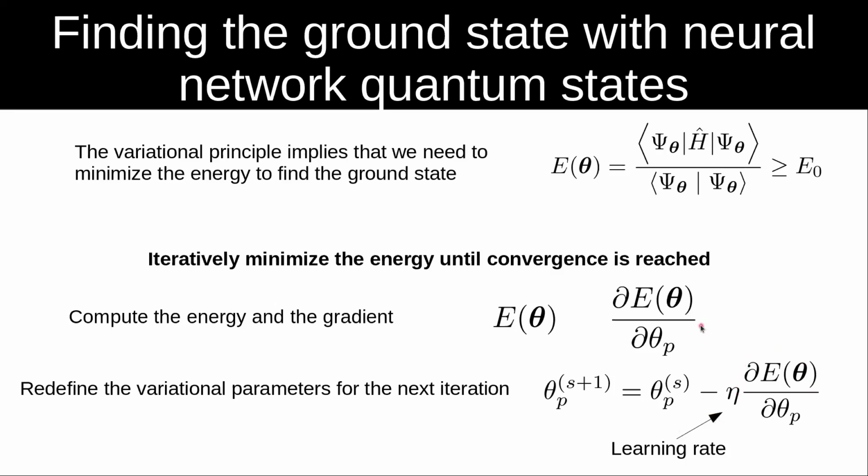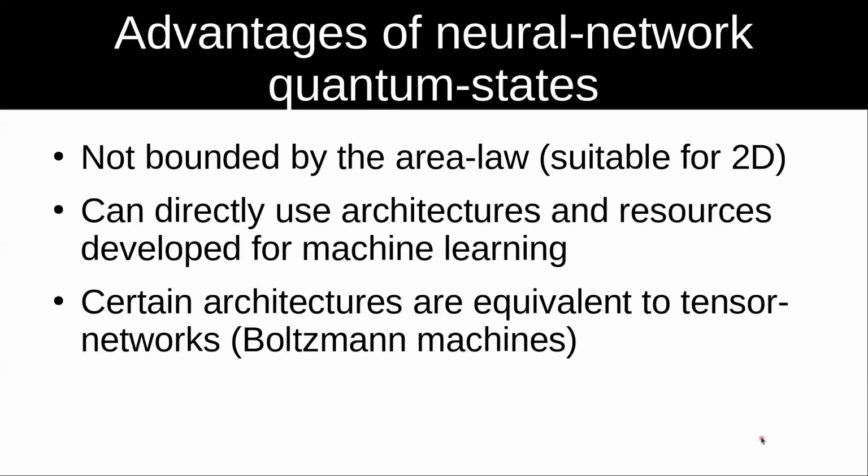So you compute the derivative with one neural network, then you update the parameters, then you compute the derivative again, then you update the parameters again, and so forth. And this will eventually bring you to the ground state of the system.